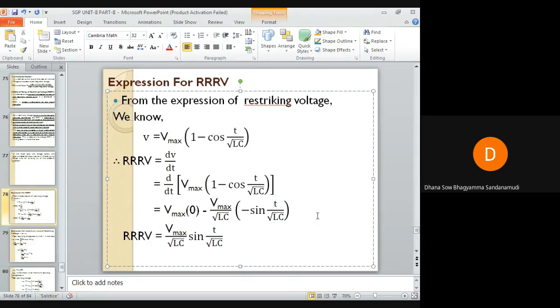As soon as you complete, just inform me. Rate of rise of restriking voltage is nothing but, if V is the restriking voltage, d by dt of V. Differentiate V with respect to t, and you will get the expression RRRV equal to V max by root LC sine t by root LC.